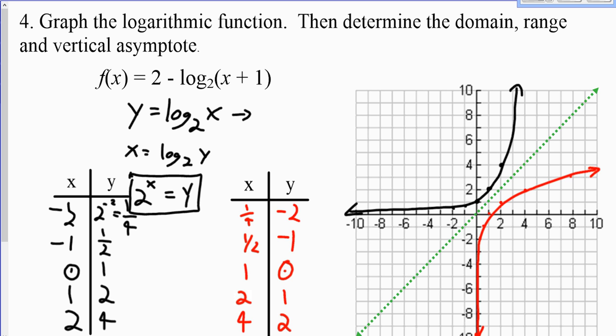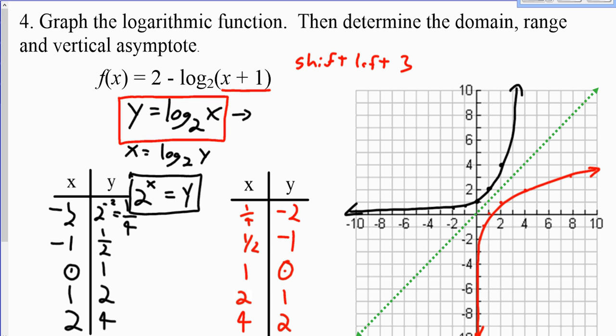So I went ahead and graphed my inverse function here in the black, and then I graphed my parent function here in the red. So now I can do my transformations. I can see that here in my argument, that is going to shift left 3.